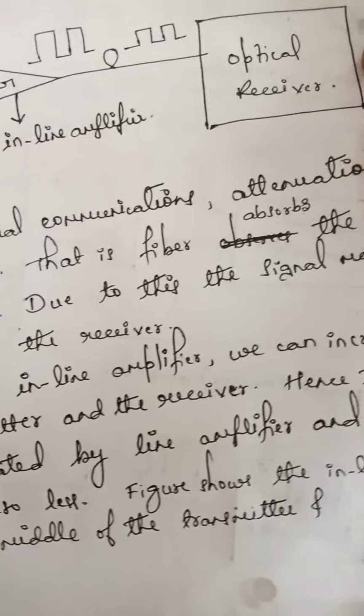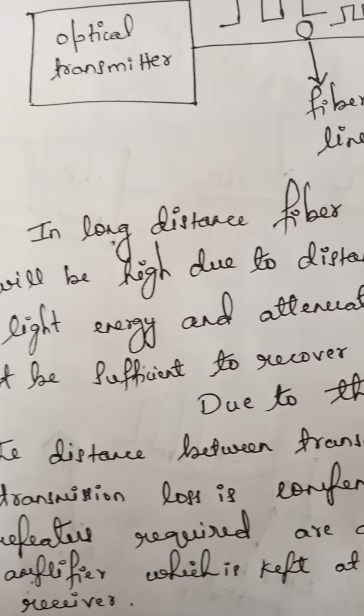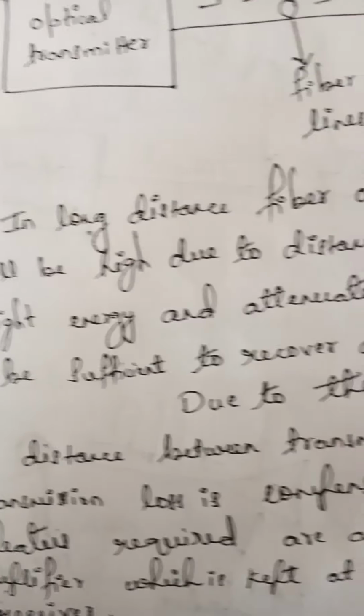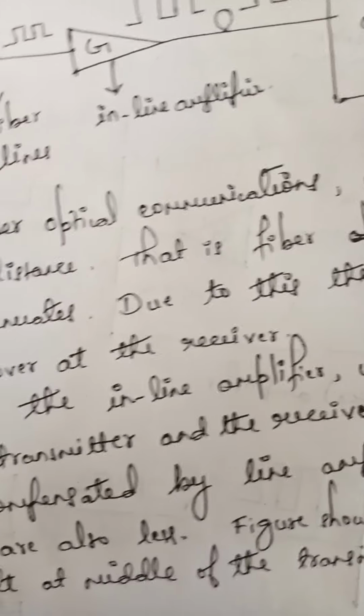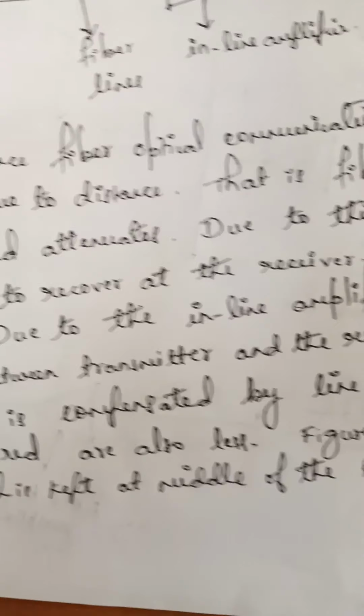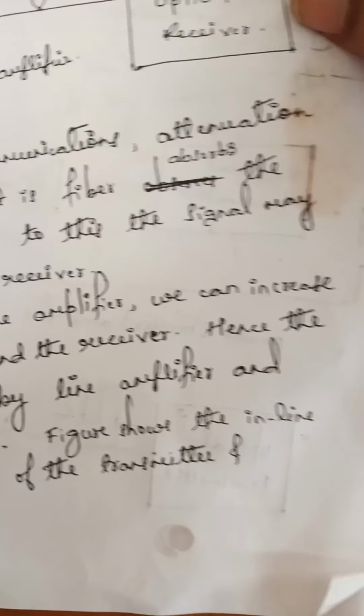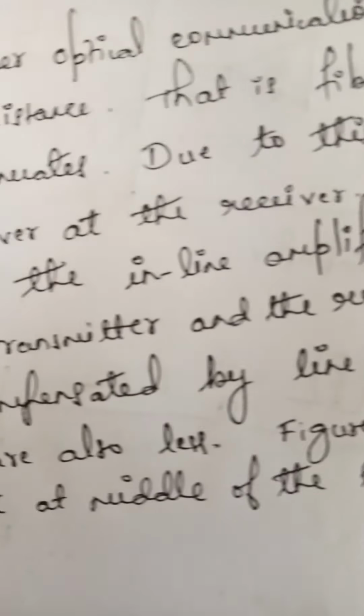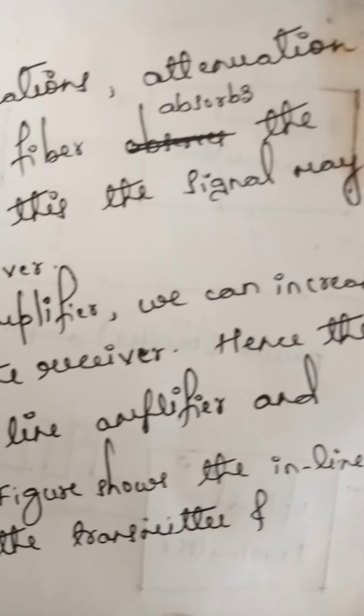That is, the fiber absorbs the light energy and attenuates. Due to this, the signal may not be sufficient to recover at the receiver. Due to the inline amplifier, we can increase the distance between transmitter and receiver.